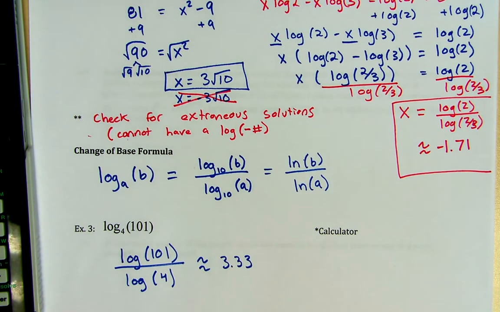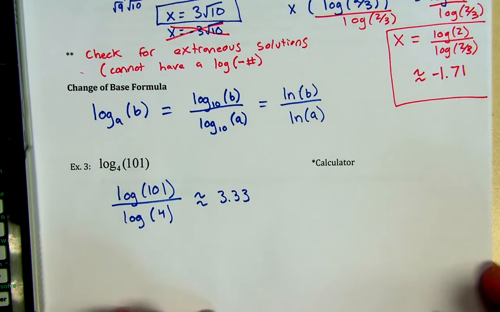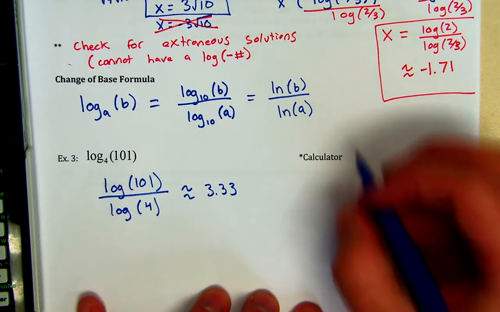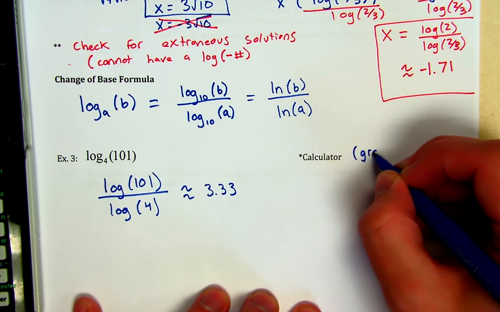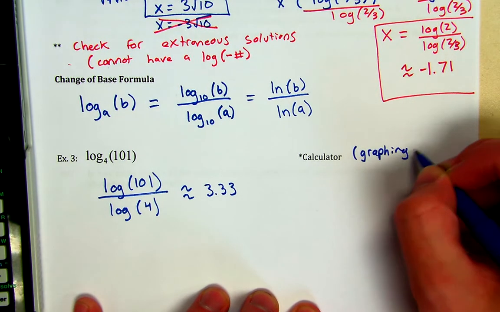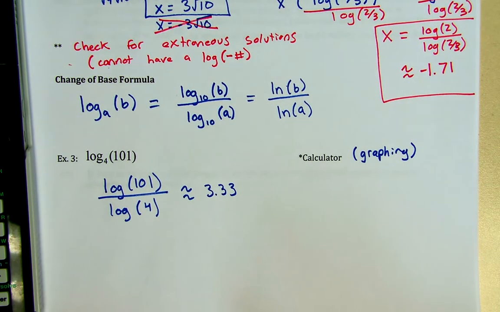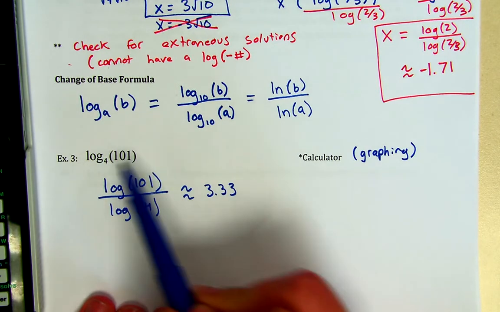Now, I kind of lied. There is a way you can do this in your calculator. On a scientific calculator, you can't. But in graphing calculators, there's an option to evaluate this logarithm straight away.